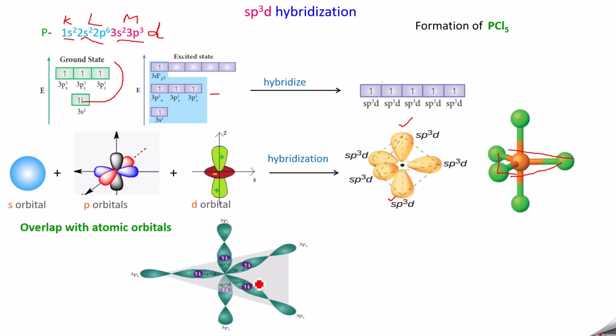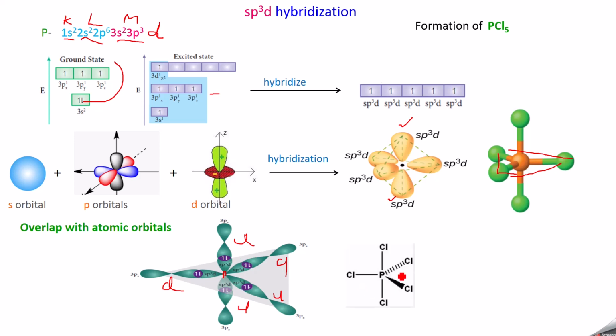In the center you have phosphorus and these are all chlorines. The pz orbital of chlorine overlaps with the sp3d orbital of phosphorus to form a sigma bond, and they share the electrons like this.